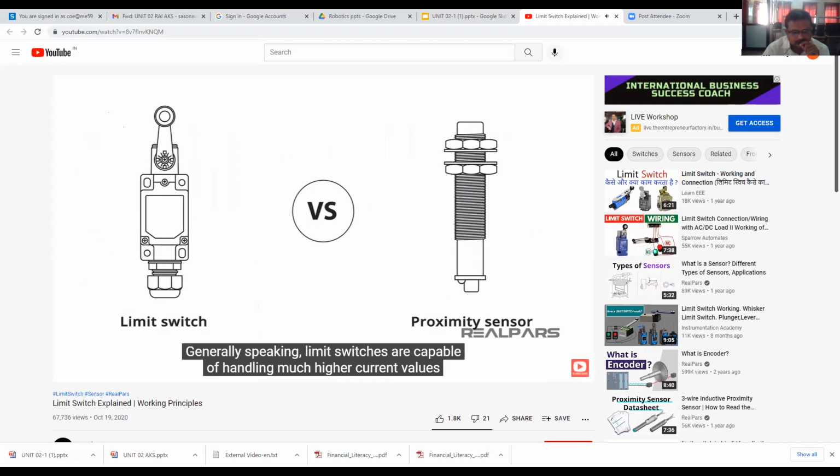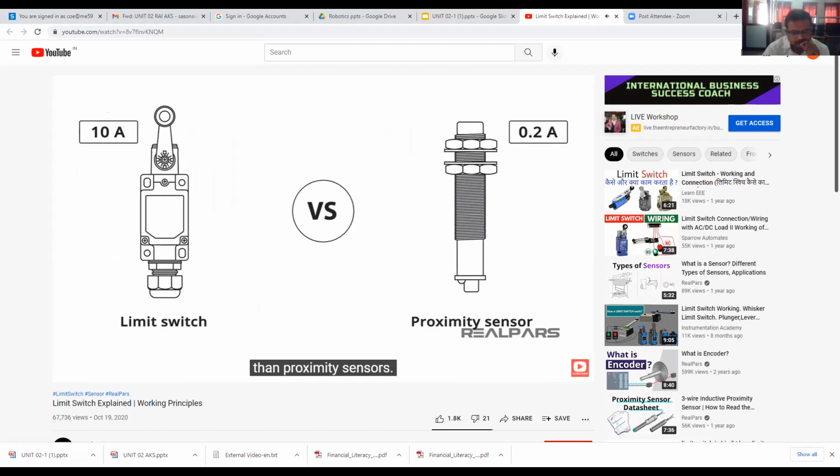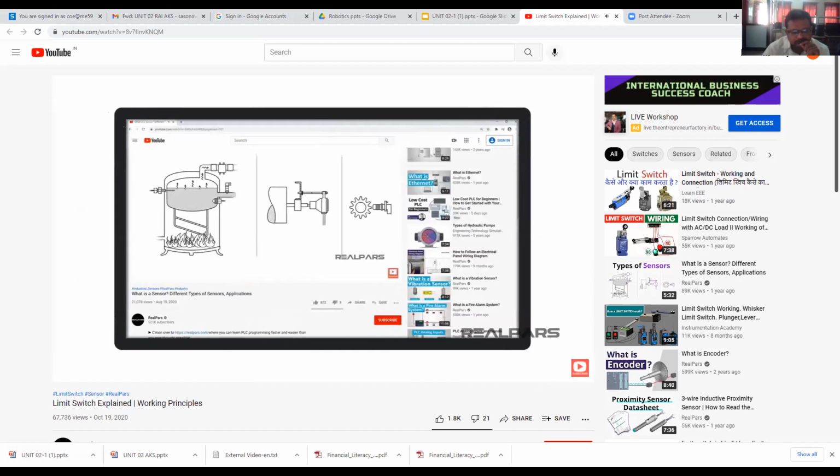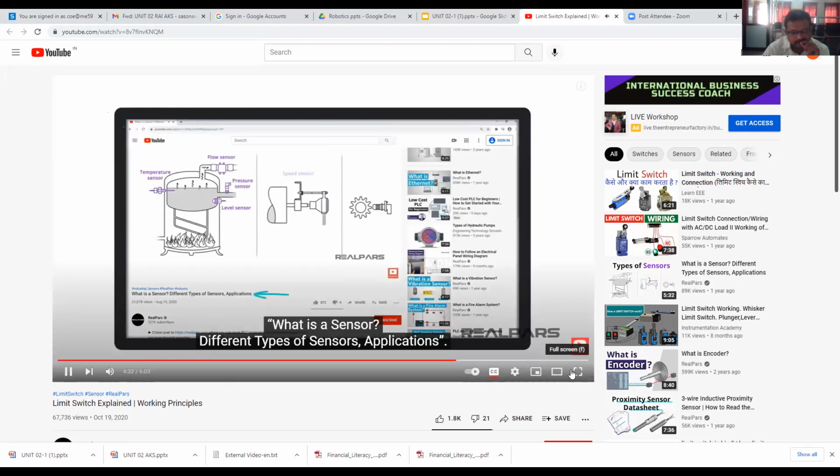Generally speaking, limit switches are capable of handling much higher current values than proximity sensors. If you want to learn more about proximity sensors and other types of sensors, check out our other video called "What is a Sensor? Different Types of Sensors, Applications." You can find the link to this video in the description.